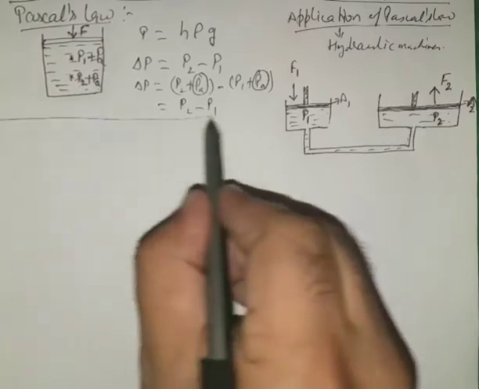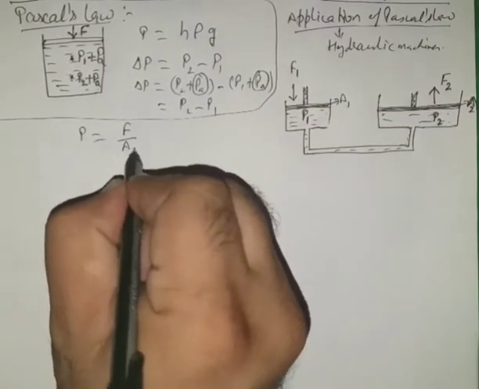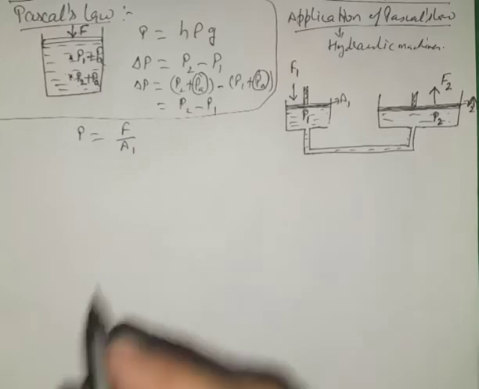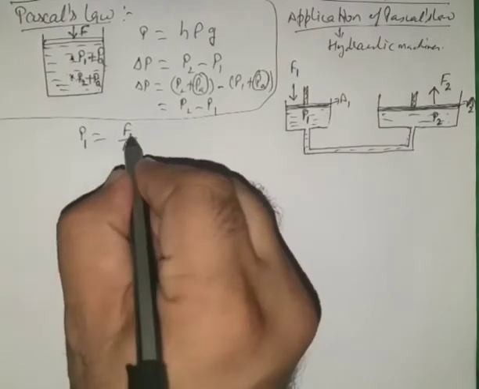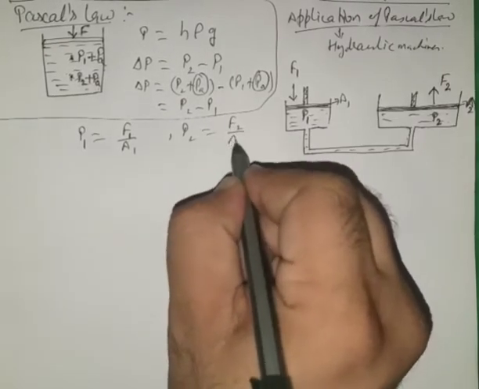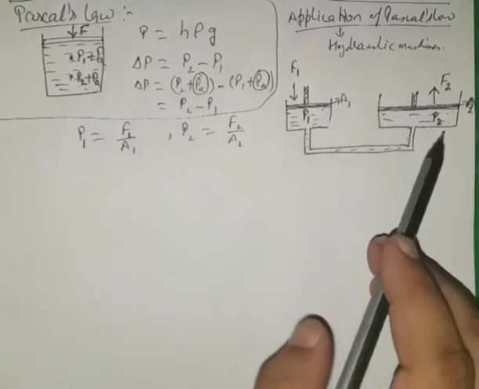Now we already know the formula for pressure. Pressure is equal to force over area. Then P1 will be equal to F1 over A1, and P2 will be equal to F2 over A2. Now Pascal's law says that the pressure in both these containers will be the same.